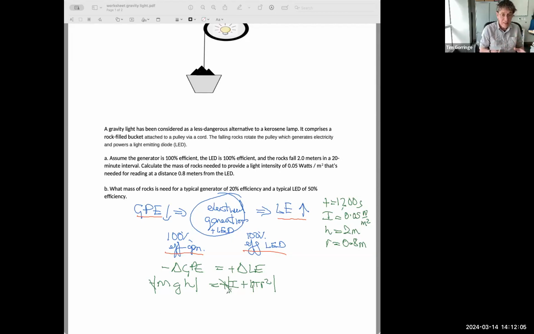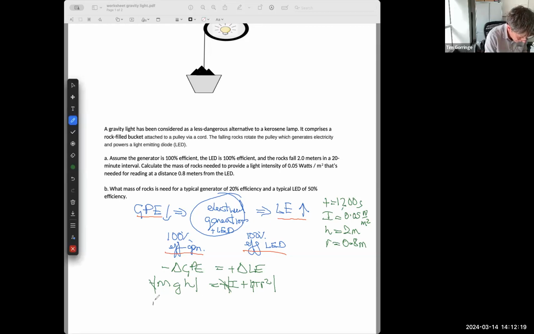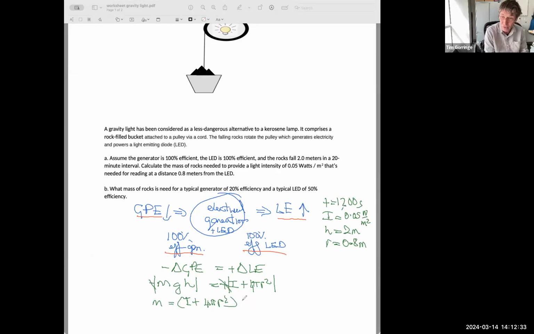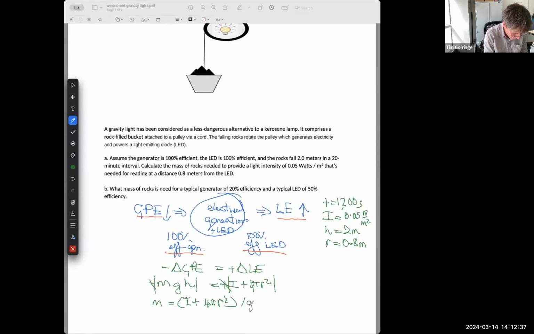The size of the gravitational potential energy that gets released is equal to the size of light energy that gets acquired. So rearranging this equation, m equals IT times 4 pi r squared. Remember, this looks complicated, but it's really just a number of joules of energy carried off by the light. And we just got to divide that by gh.